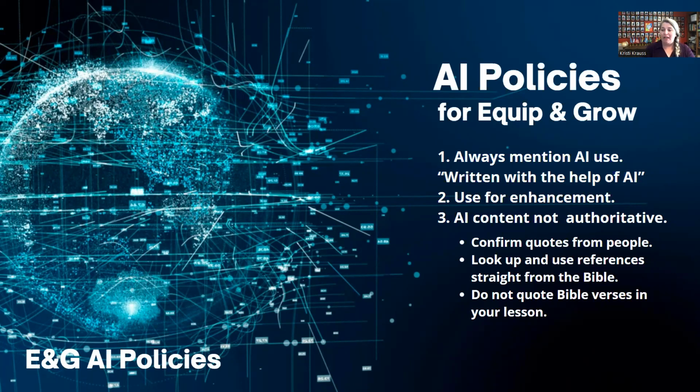Okay, and number 3, AI content is not authoritative. So you can't quote things from it because, as we talked about, you don't know where that information came from. I love quoting people in books. As you guys know, I love buying books.